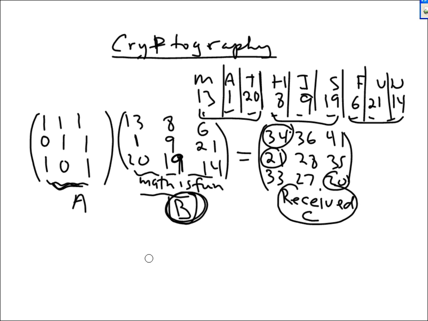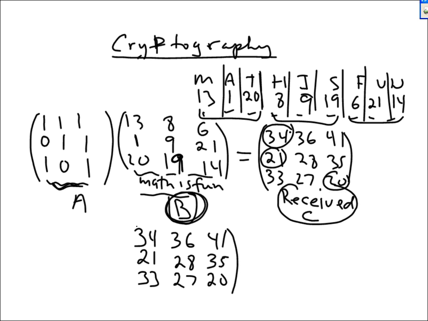Now, all your friend has to do is take that matrix that he or she received and multiply by A inverse. 34, 36, 41, 21, 28, 35, 33, 27, and 20. Now, they have to multiply by A inverse. And I actually did that.